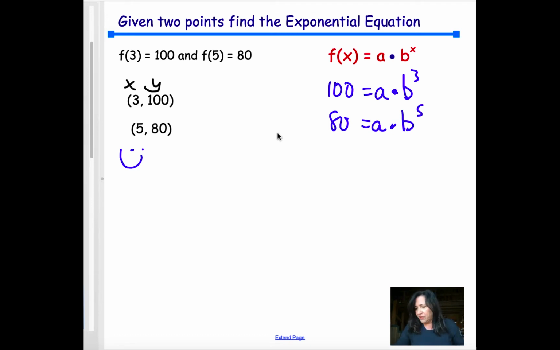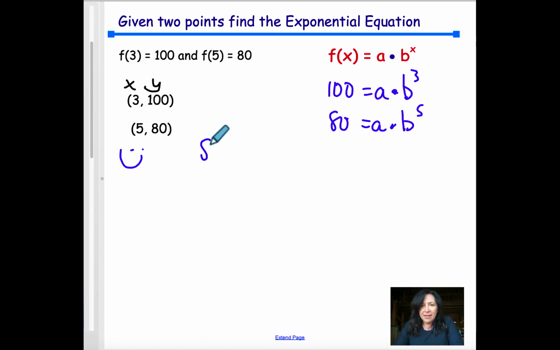So what I'm going to do is divide the two equations, and I'm going to rewrite this one here on top. Okay, let me write that better. Sorry about that. So here we go.